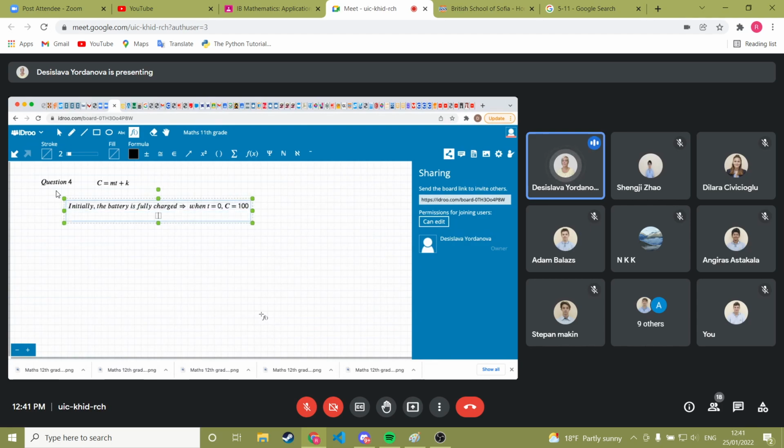When we substitute them there, you will have 100 equals m times 0 plus k, which will make k equals 100. So by this time, the equation is c equals mt plus 100.